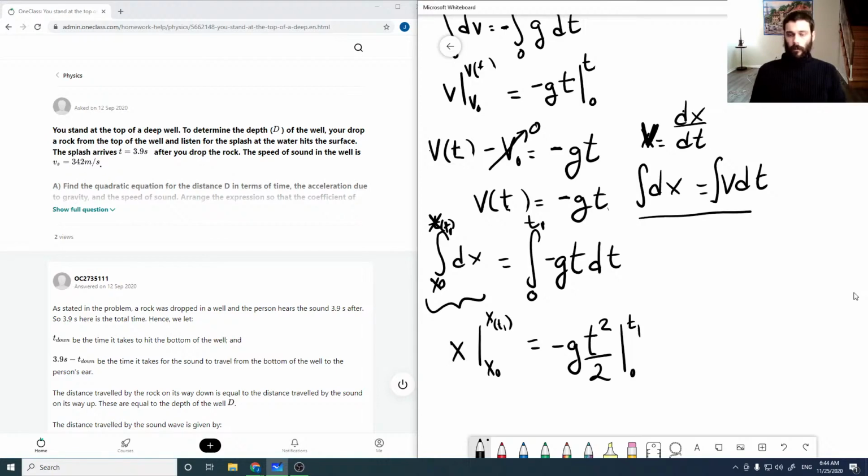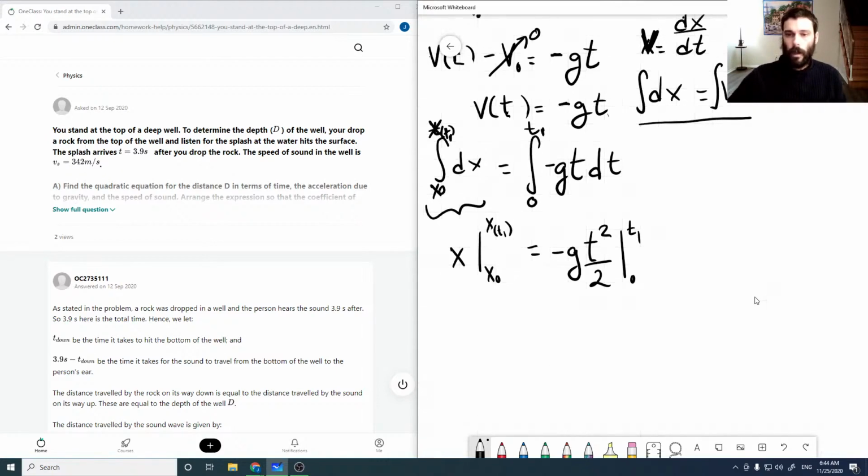And then finishing this off, we have x of t1 minus x0 is equal to minus g t1 squared over 2.